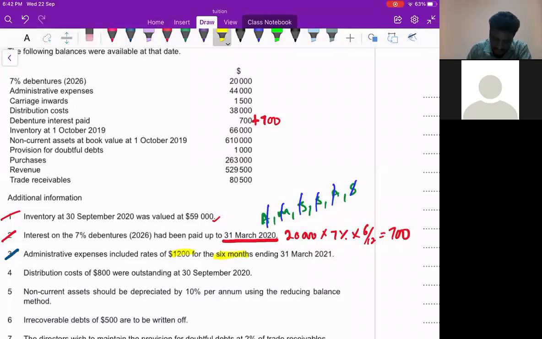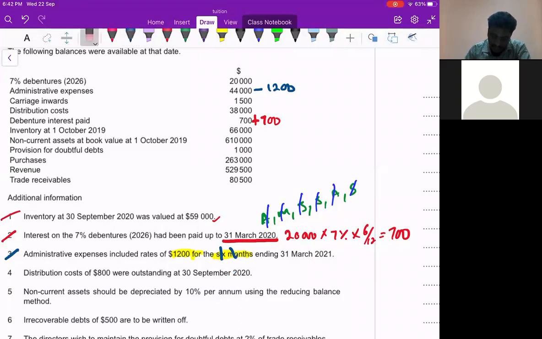1,200 for 6 months. So all the 1,200 is the prepaid. Prepaid means you will minus. So can you go find administration expenses minus 1,200? No need to calculate. If they gave you for 1 year, then we need to divide by 12 times 6 and everything.